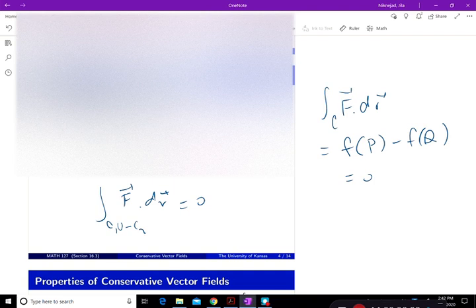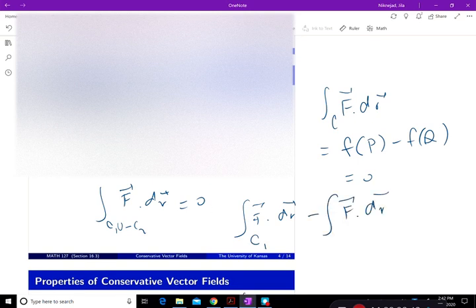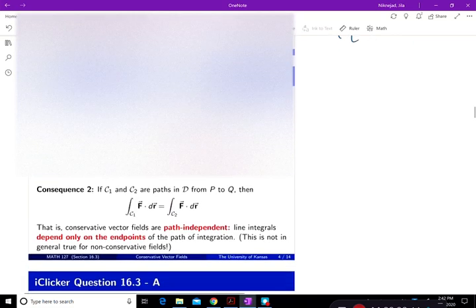And so from here, I can rewrite this as the integral of F dr over C1 minus the integral of F dr over C2 is equal to 0. Or we can write the integral of F dot dr over C1 is equal to the integral of F dot dr over C2. This is the second consequence.